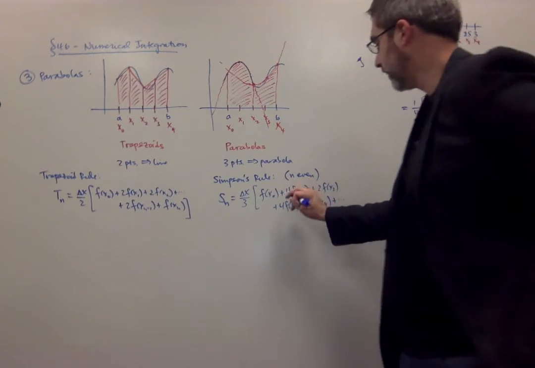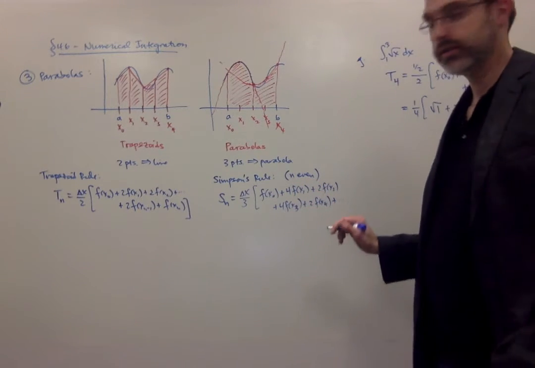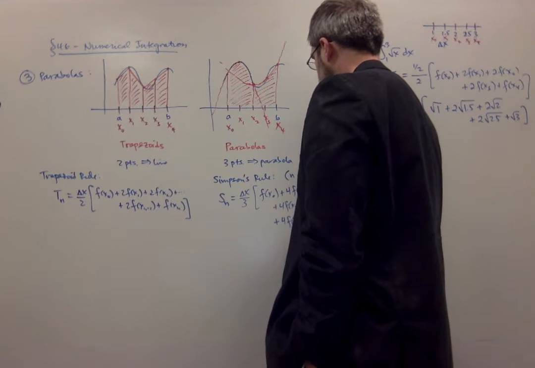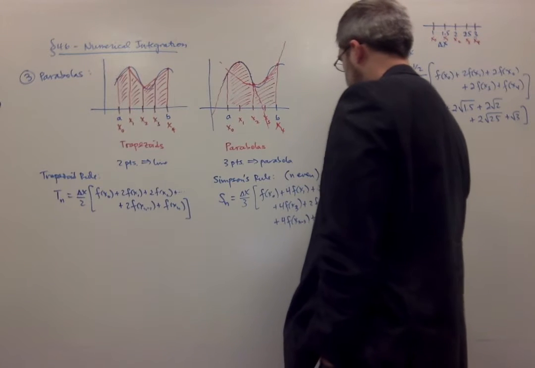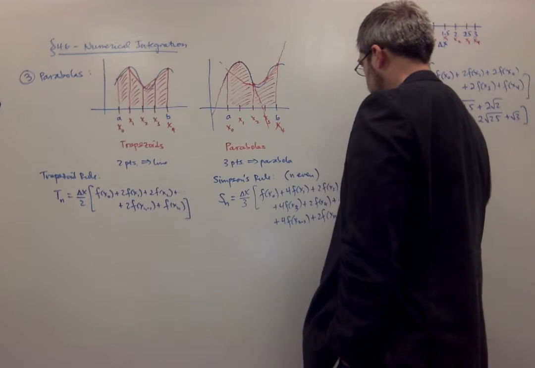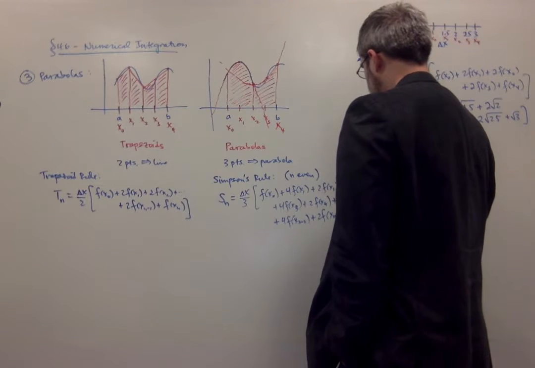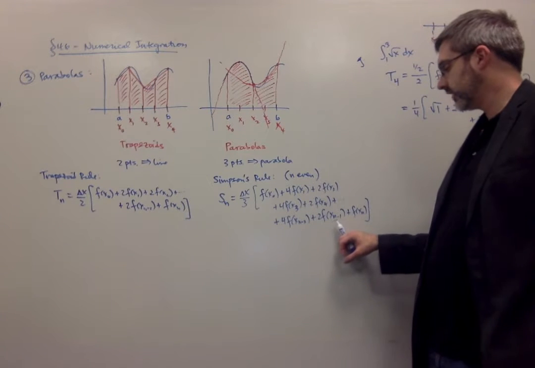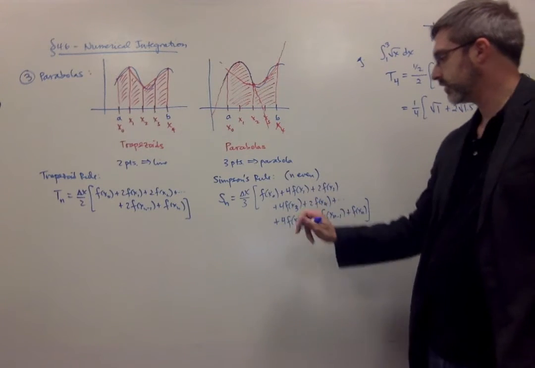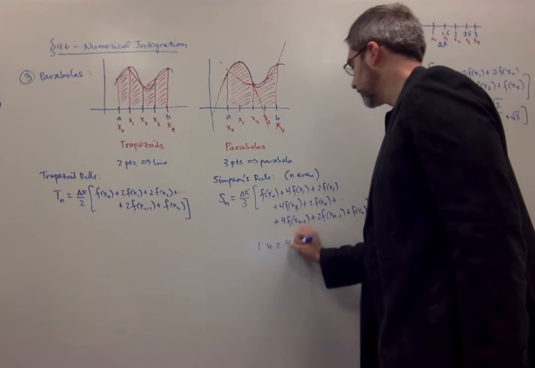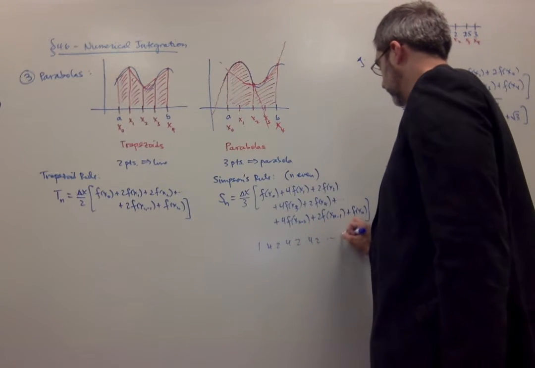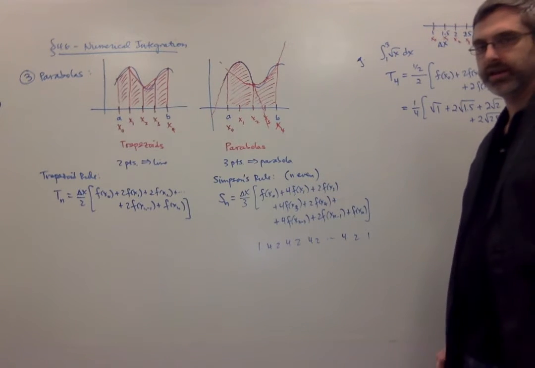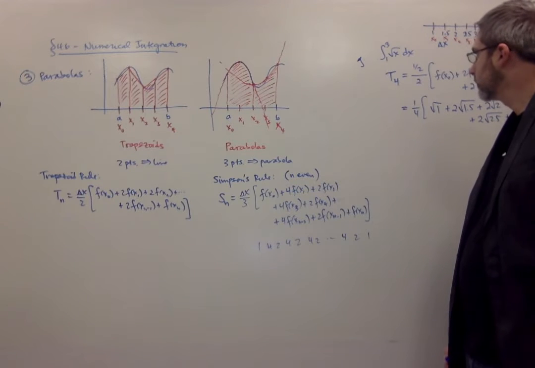And you keep going on this 4, 2, 4, 2, 4, 2 pattern until you get to the second to last one, so f of x of n minus 2. Take 4 of those, 2 of the second to last one, and then 1 of the very last one. So 4 of the third to last one, sorry. 2 of the second to last one, and then 1 of the last. So it goes 1, 4, 2, 4, 2, 4, 2, 4, 2, 1 are the coefficients that you have on there when you're doing this rule, okay?